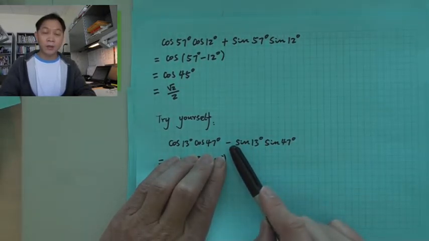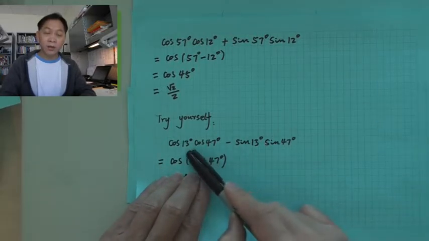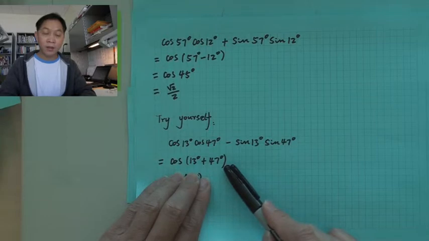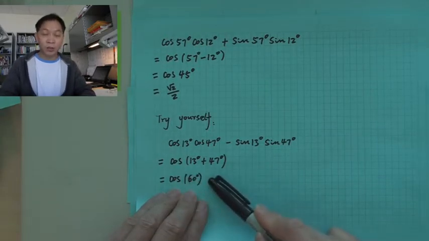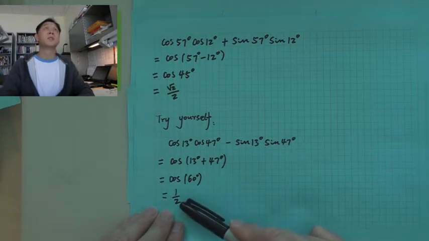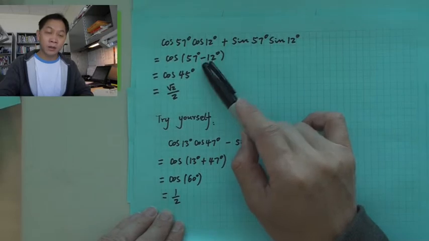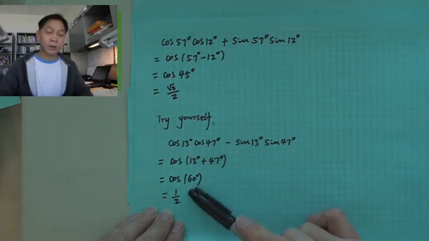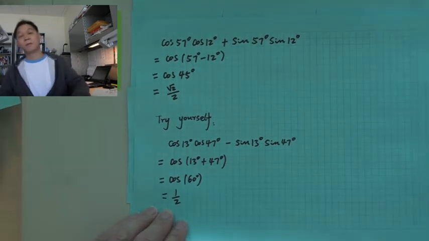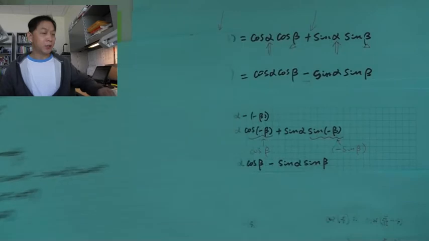And here is minus, then inside cosine is plus. 13 degrees plus 47, and that's 60 degrees. Cosine 60 degrees, we know, is 1/2. So previously add is subtraction, and here subtraction is addition. All right? Okay, let's keep going.